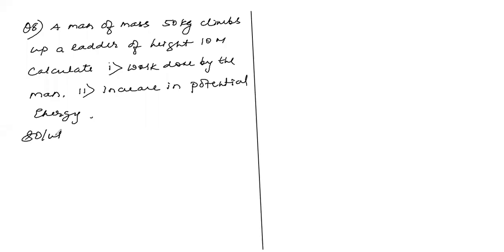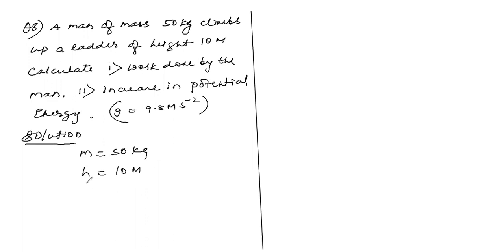So simple, children. You can see here, what is the mass of the man? 50 kg. Okay? He climbs up a ladder to a height of 10 meters. And the value of g is given as 9.8 meter per second square.